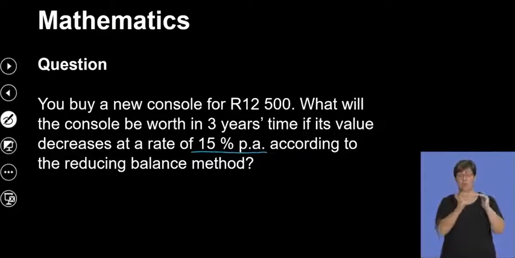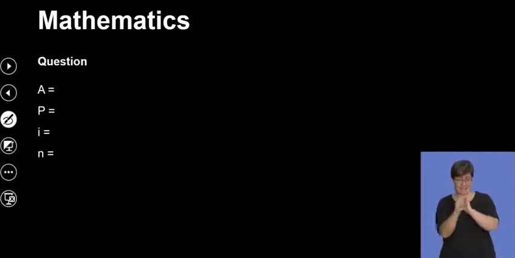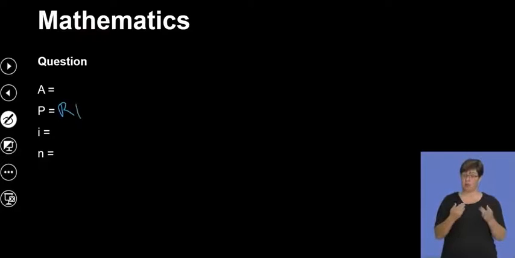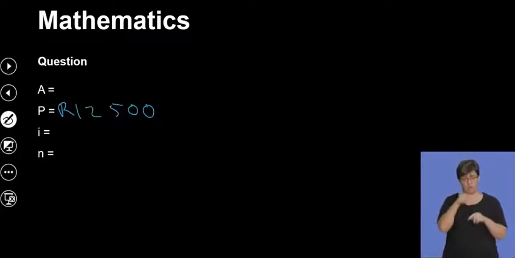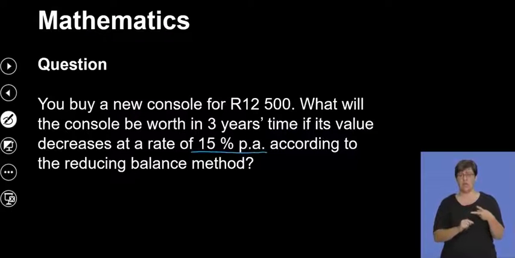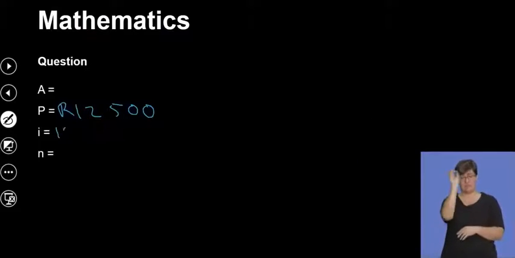Now, on a reducing balance method, remember that we are looking at compound growth, but with a minus. Now, we just need to write down all the values that we know. We know that the principal amount is 12,500. Our interest, let me just go back, is 15%. So this is 15% per annum.